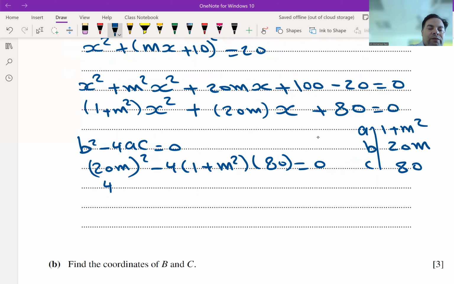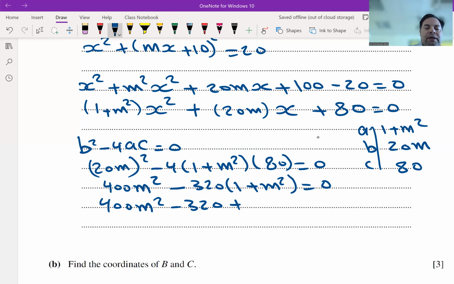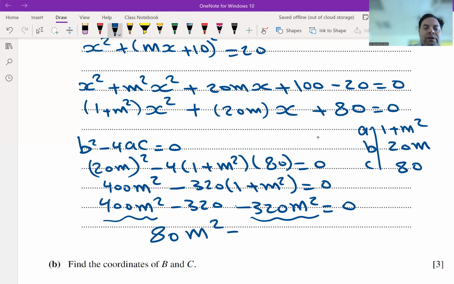Simplify: 400m squared minus 4 times 80, which is 320, multiplied by (1 plus m squared) is equal to 0. So 400m squared minus 320 minus 320m squared is equal to 0. 400m squared minus 320m squared is 80m squared. So m squared is equal to 320 divided by 80, which is 4.